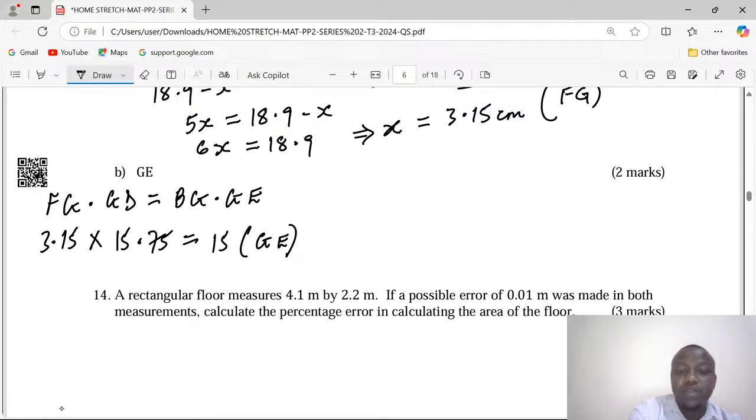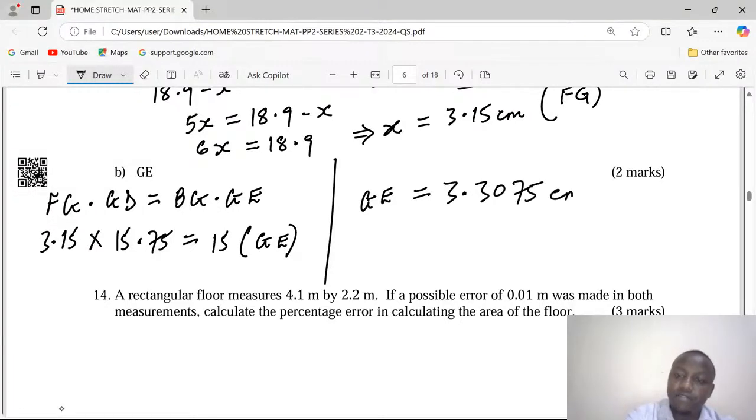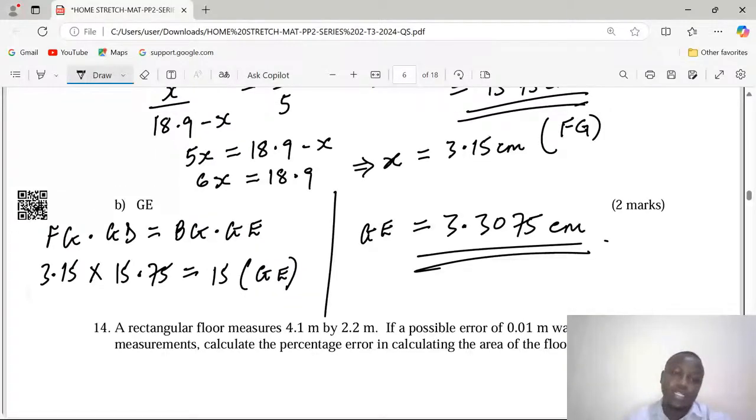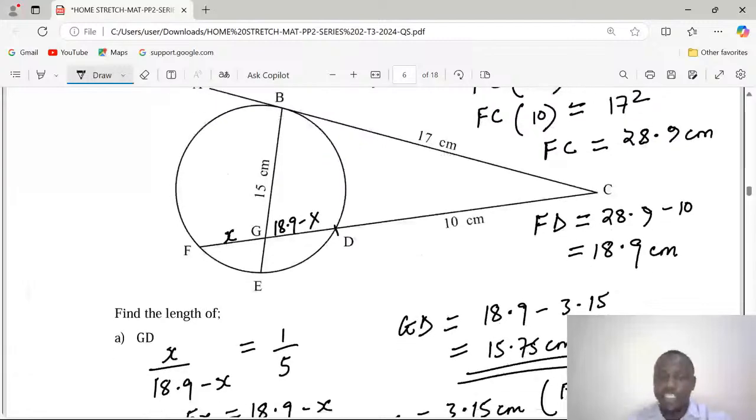So to remain with GE, you divide through by 15, and the value of GE becomes exactly 3.3075 centimeters. So that is a question which requires a student to have serious content.